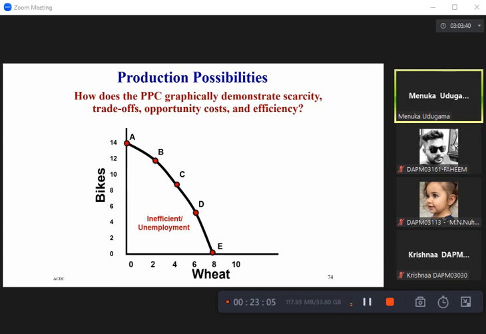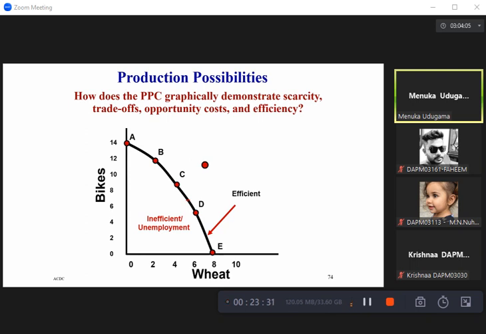So as a country or as a firm, you would want to push your production up until this efficient point. And this point there, the red dot, is not achievable given the current resources, because we draw this graph assuming that the technology is fixed.